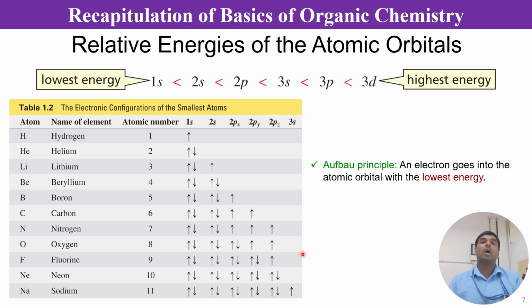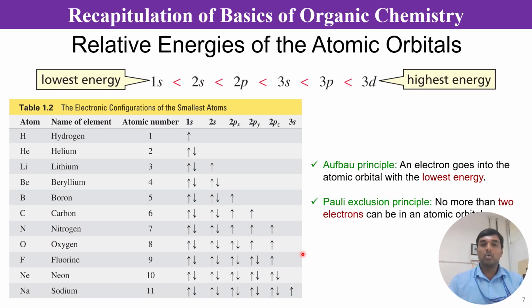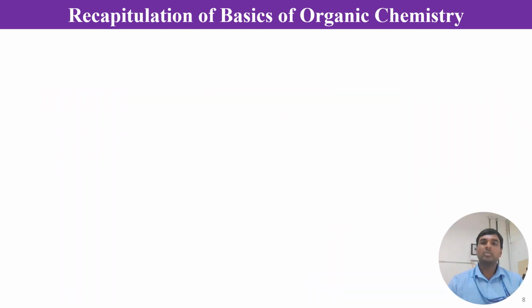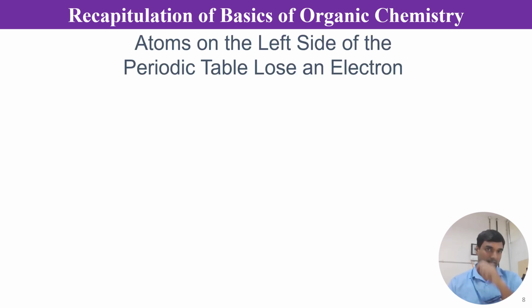It has to follow the Aufbau principle that an electron has to go to the atomic orbital with the lowest energy, and no more than 2 electrons should be in one atomic orbital. And Hund's rule tells that electrons should have opposite spin. These things we already studied in our 10+2 chemistry, and I am just recapitulating them.